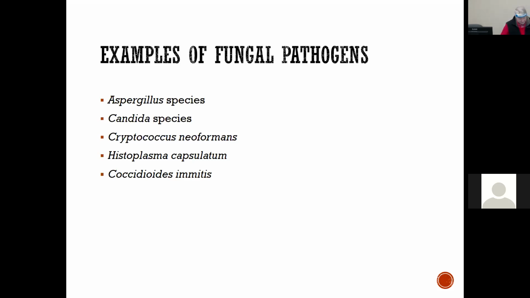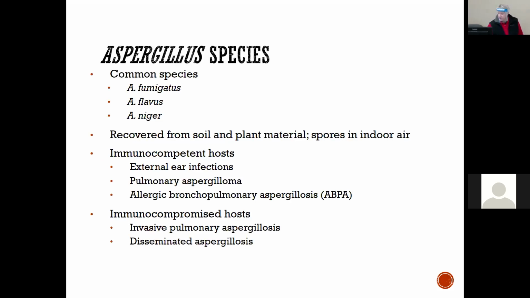We get common species: fumigatus, flavus, and niger. The A in front is Aspergillus: Aspergillus fumigatus, flavus, niger. Those are the common species that we'll focus on for now.